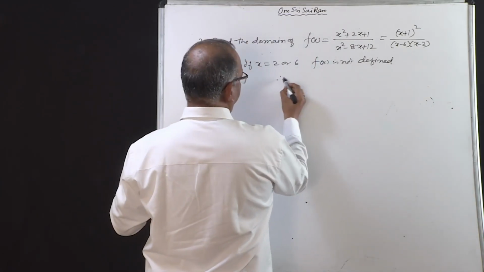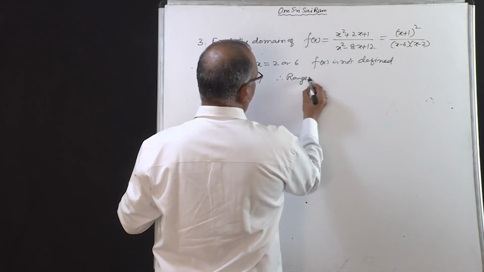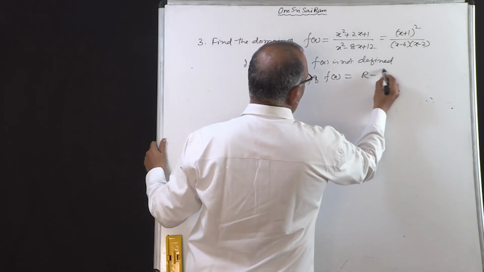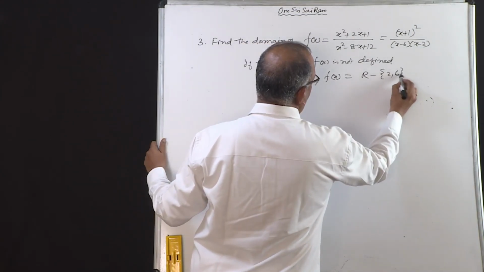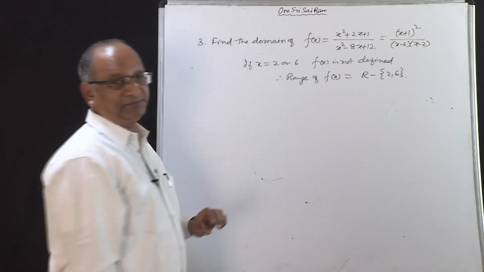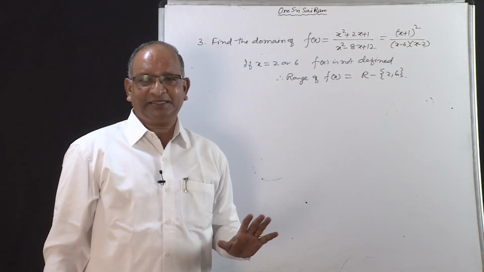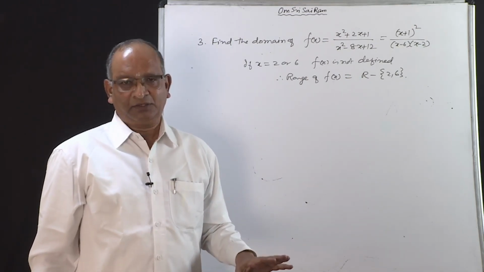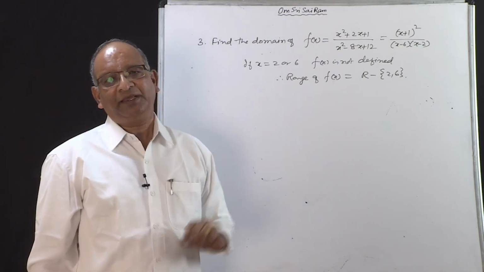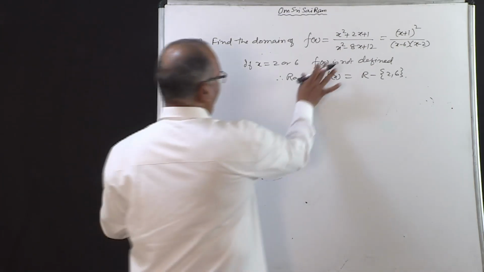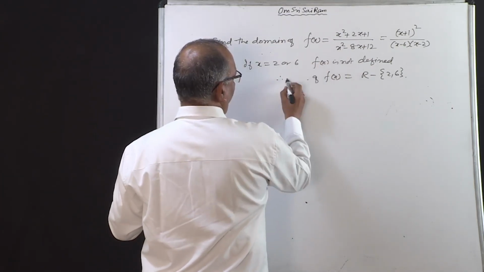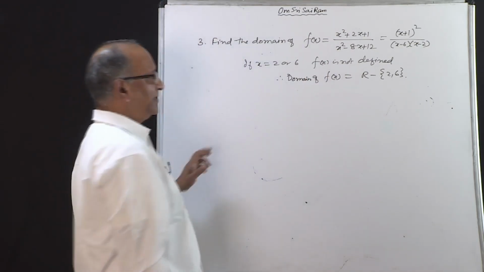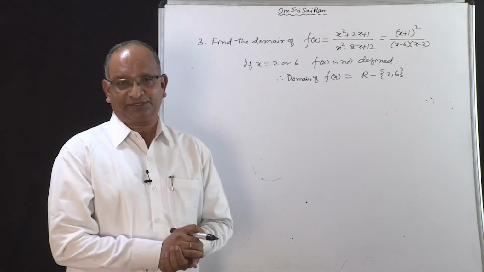Hence, the domain of f(x) is R minus {2, 6}. This is the answer. Apart from 2 and 6, if you substitute any value, f(x) is defined. So, that constitutes the domain, not range, because we are talking about domain. Domain of f(x) is R minus {2, 6}.